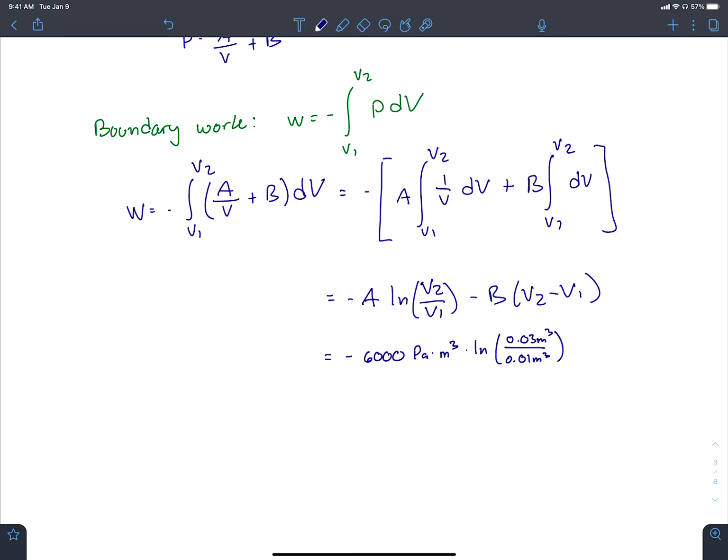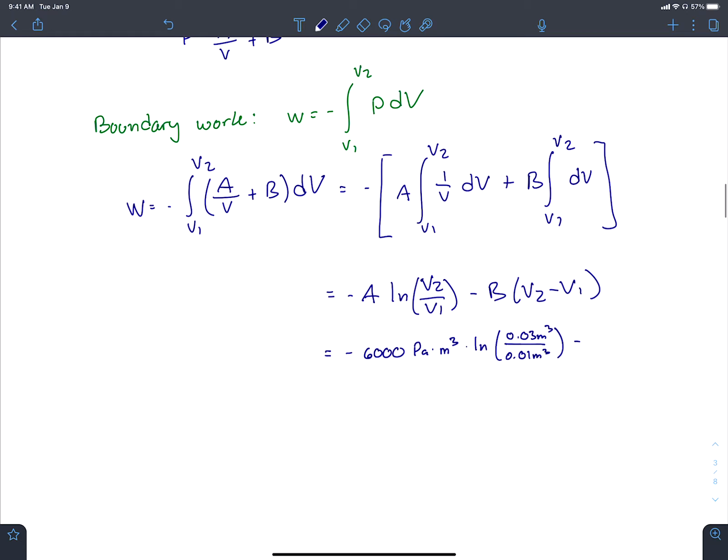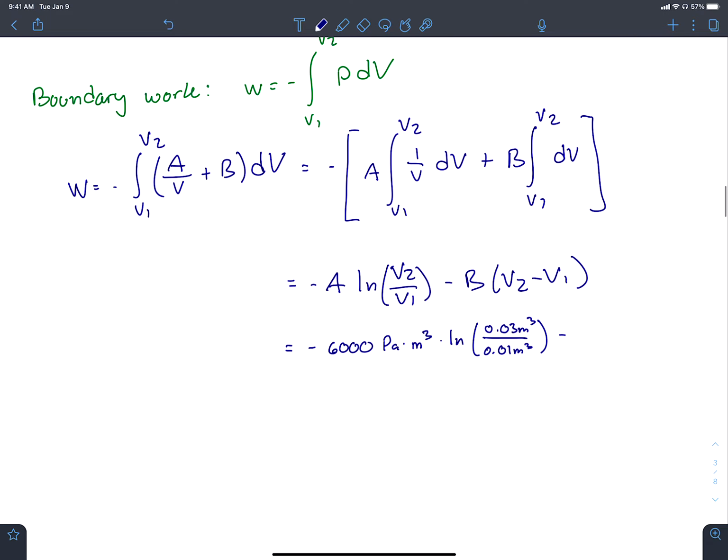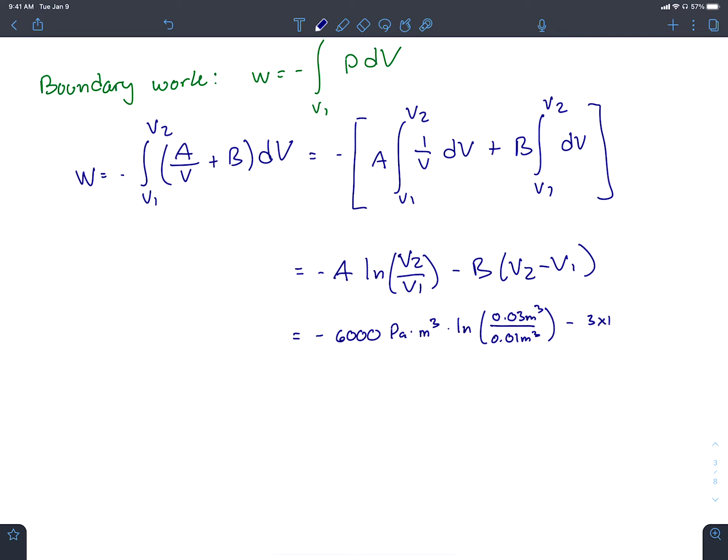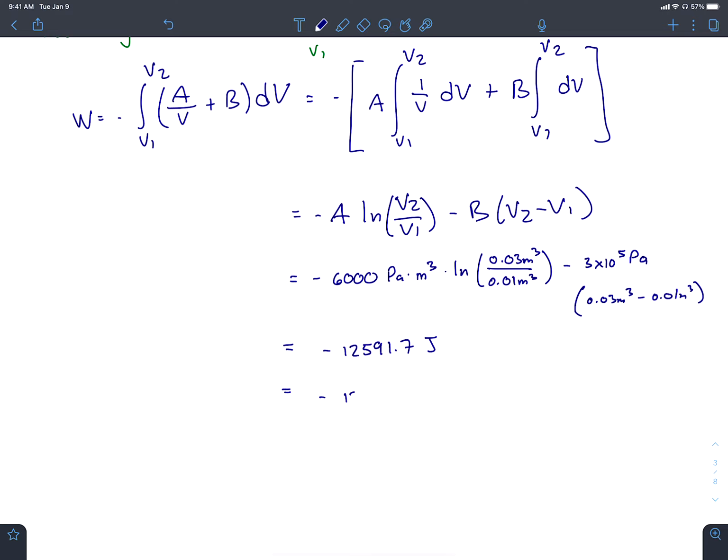And then now we just have to add our B, which is 3 times 10 to the 5th Pascal, times 0.03 meters cubed minus 0.01, which is just our V2 and V1. And this equals negative 12,591.7 joules. Or, just for brevity, it's 12.959 kilojoules.